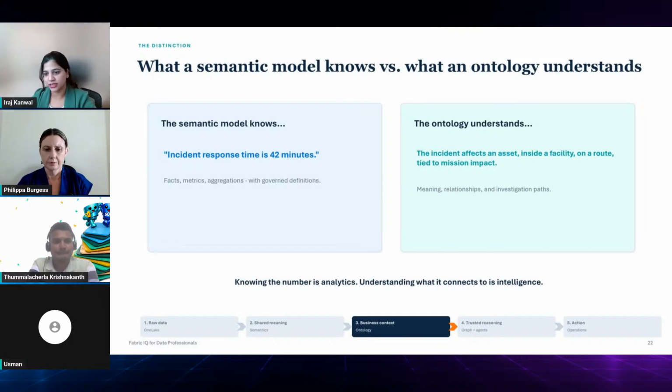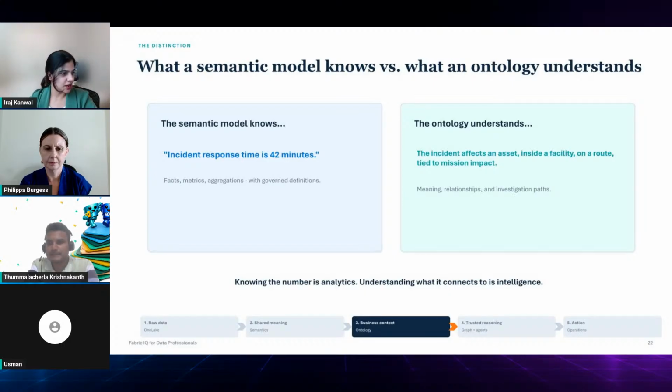And this is the difference between answering what happened and investigating why it matters, what is affected, and what we should do next. Knowing the number is analytics, but understanding what it affects and connects to is next level intelligence. And that's what the ontology is.